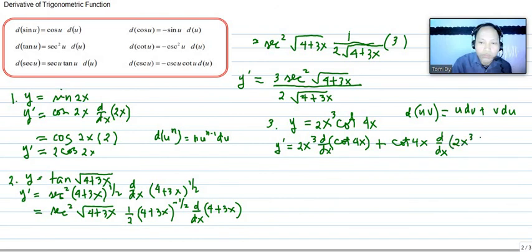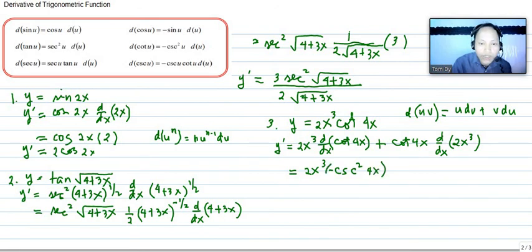So that is now equal to 2x cubed, times the derivative of cotangent 4x, that is the derivative of cotangent u, which equals negative cosecant squared u du. So we will copy that formula, negative cosecant squared u. Our u here is 4x.